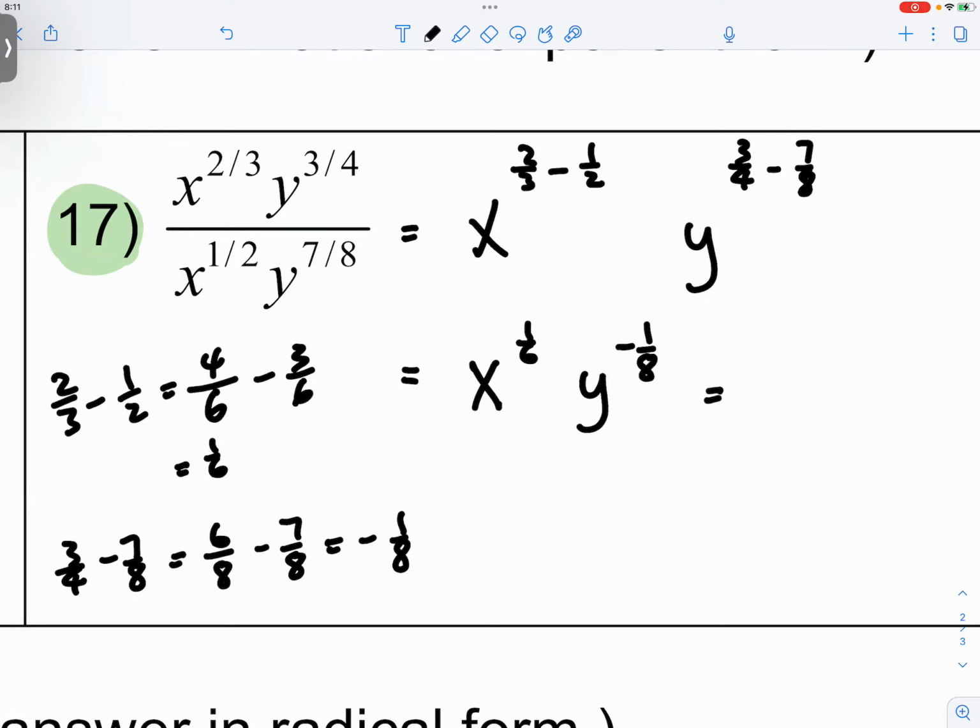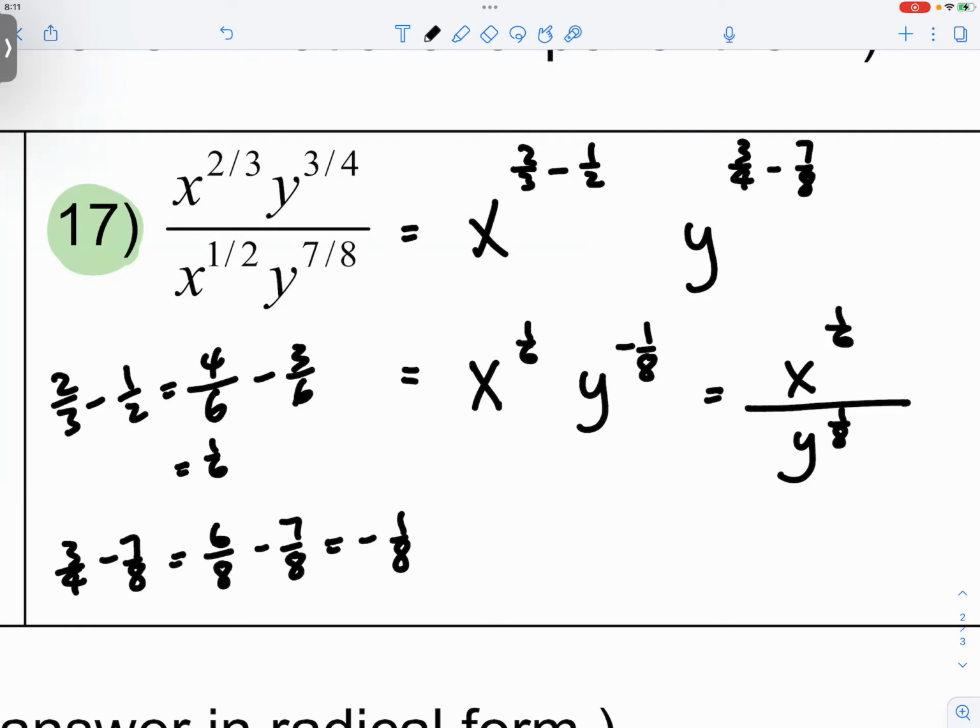So now, and this is where you got to show your work and pay attention to the writing. So we say y to the negative 1/8, or we say that the y to the 1/8 is now being part of the denominator. That's what happens when you have a negative exponent.